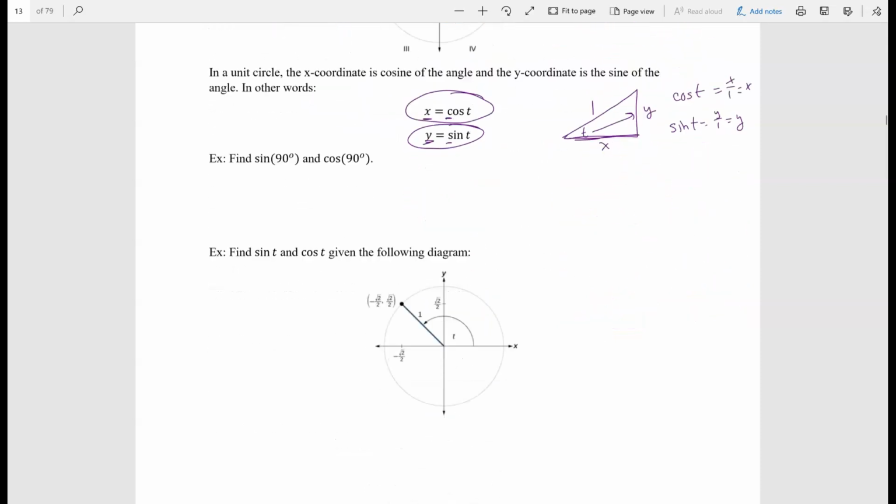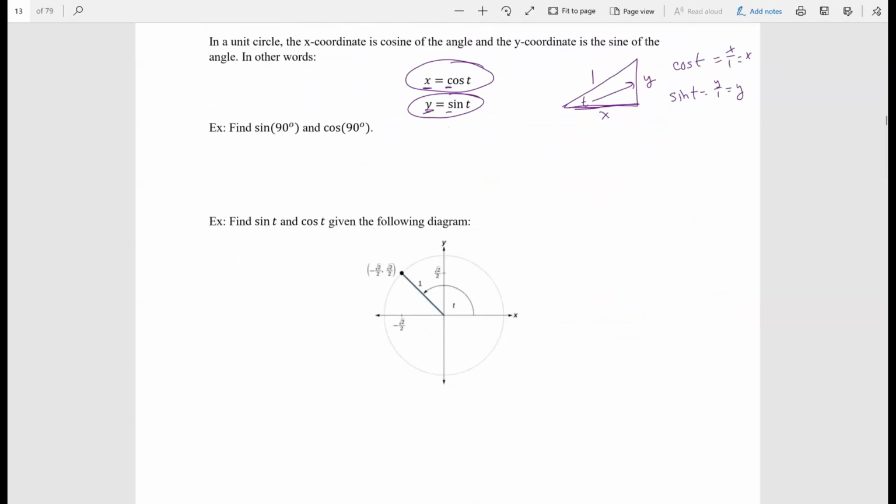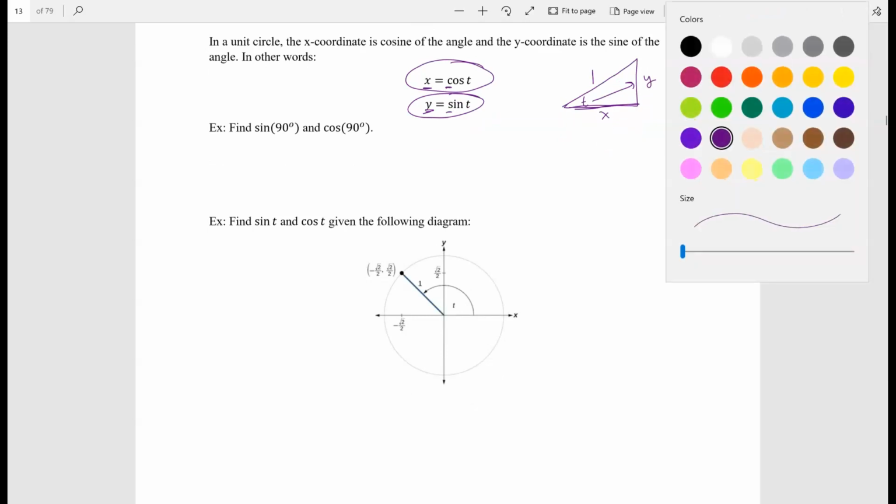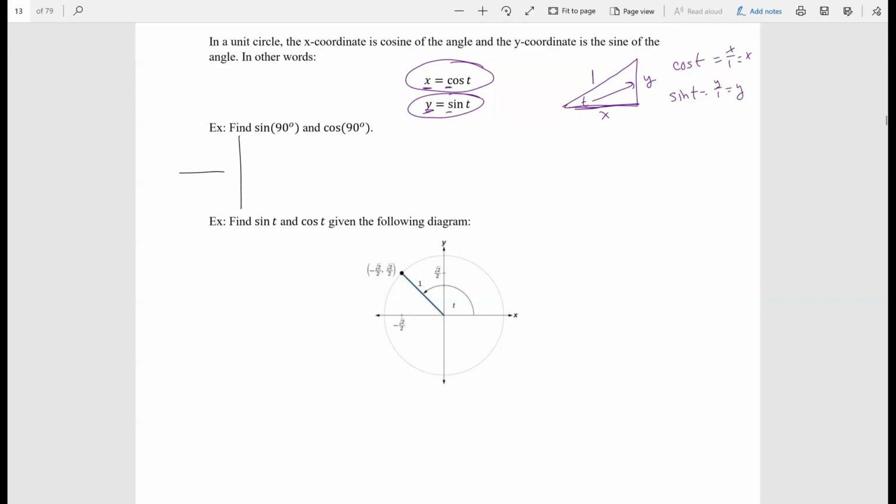So let's start off with the sine of 90 and the cosine of 90 degrees. Let's try to figure this out. We already know how to do this in the calculator, but let's pretend that we don't. Remember the quadrantal angles: here's 0 degrees, here's 90 degrees. If I think about the point that is on the 90-degree angle, that's just the point 0, 1.